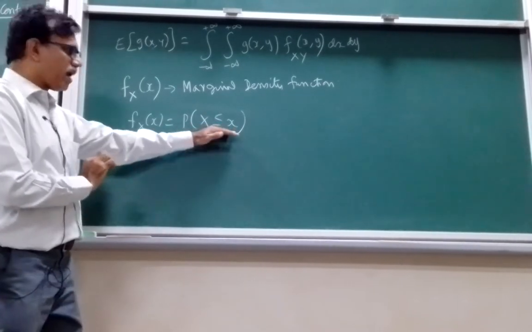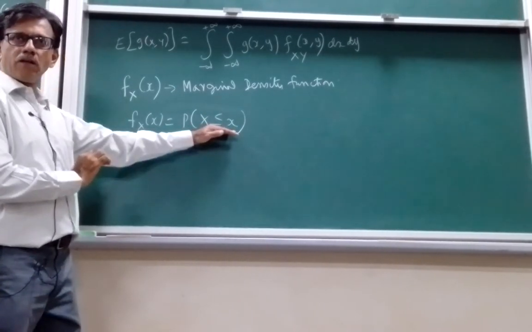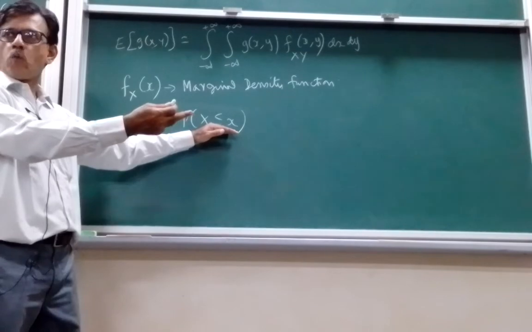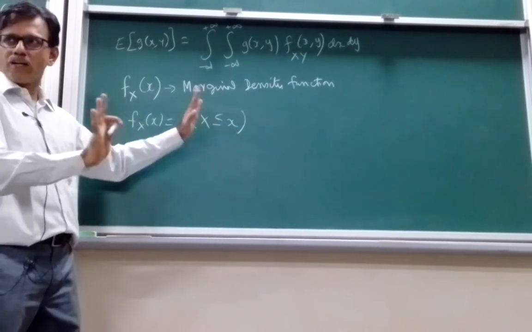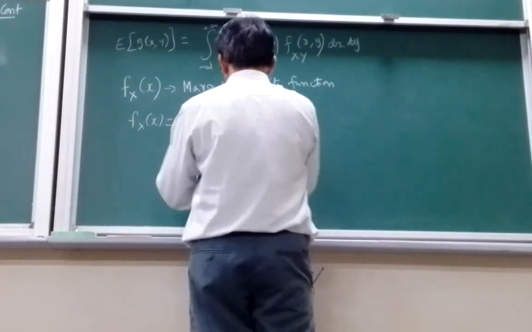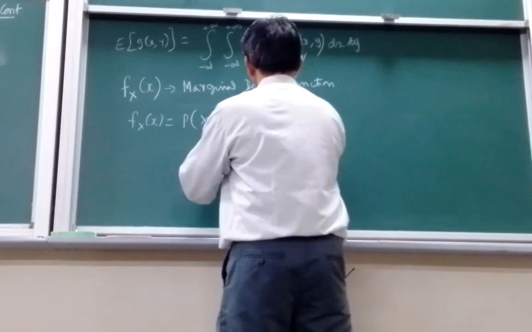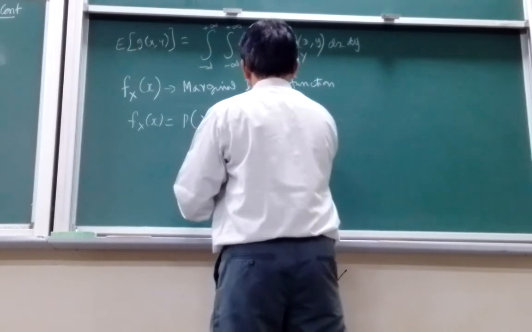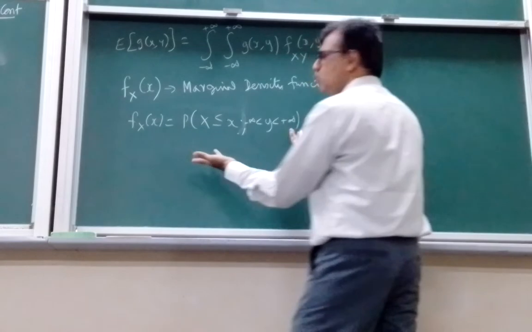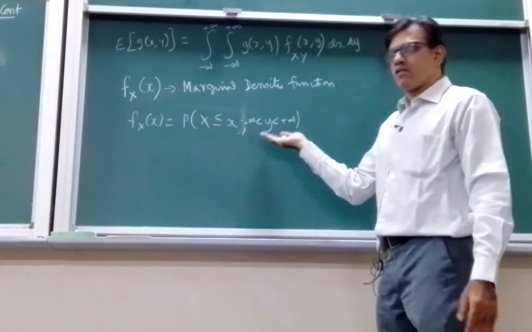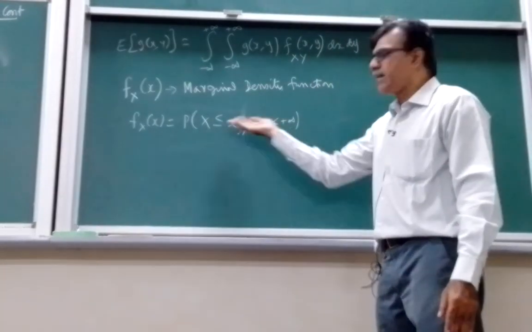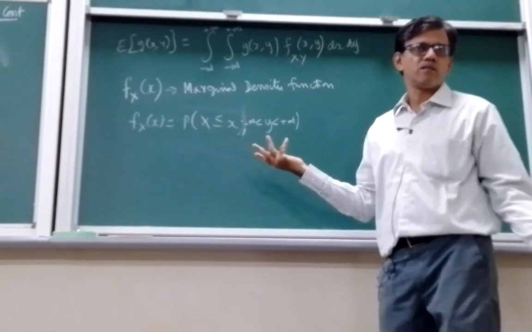The moment we are writing it like this, we are saying that I don't care about y. Y can take any value. That is what it is implying. I can change it also. It's one and the same. It's not always true, but by adding this condition, I am not doing anything wrong.